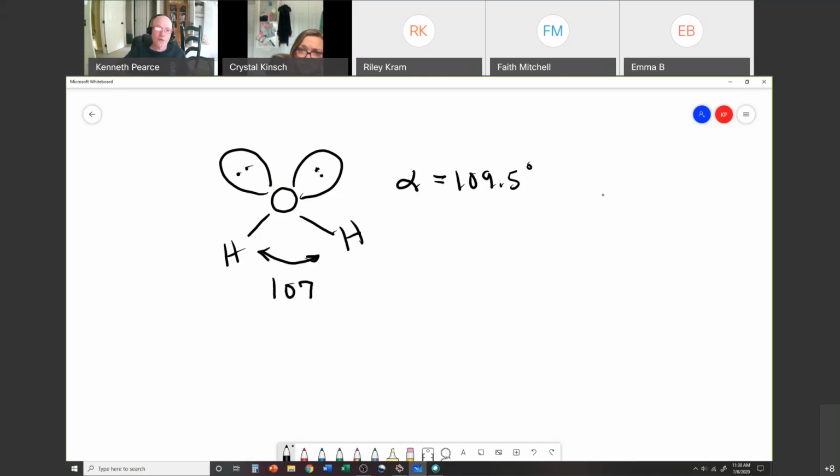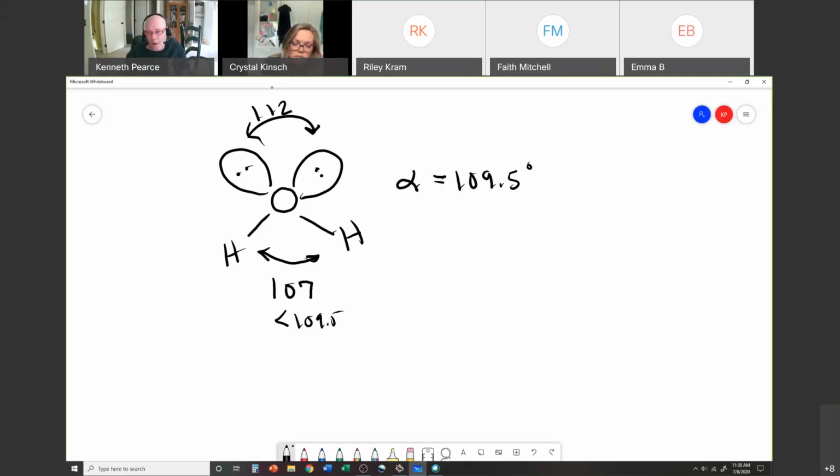And you go and measure this angle right here, and you say this is closer to, say, 112. It's not exact, it's different, but the bond angle between those hydrogens is less than 109 and a half. Sorry, I was thinking about something else.